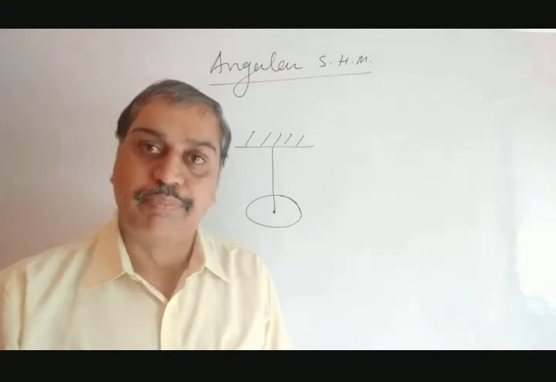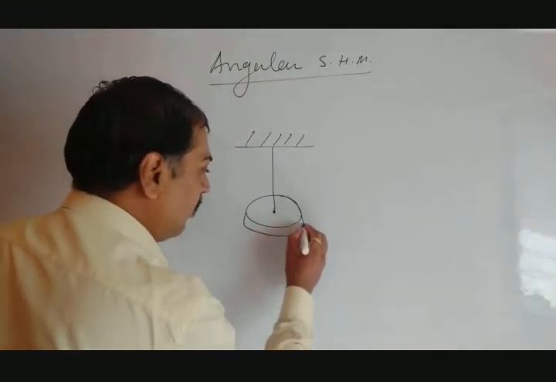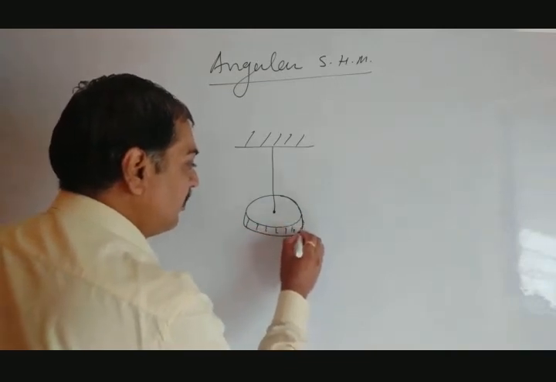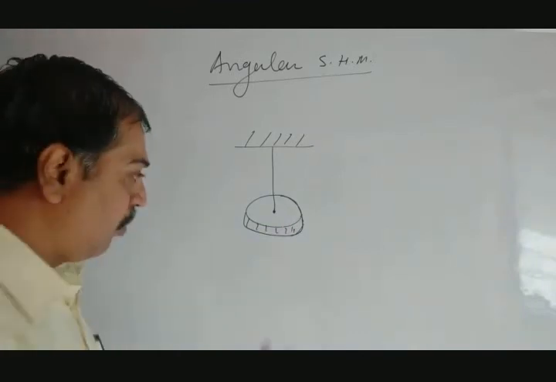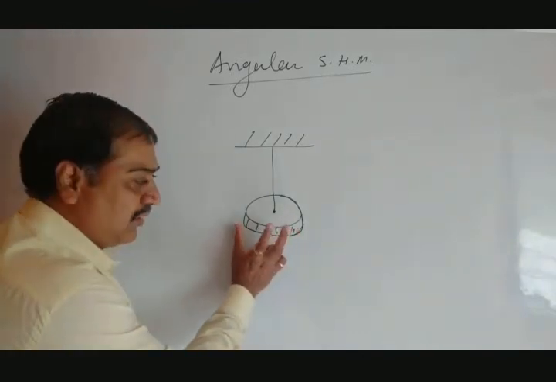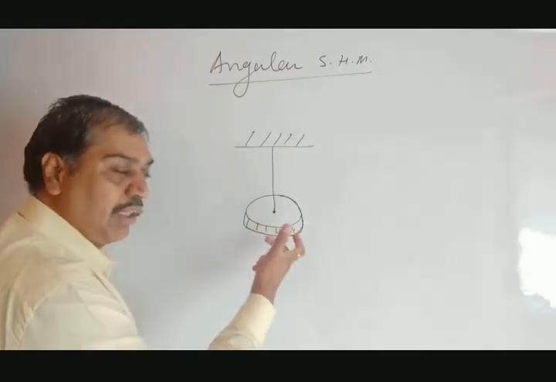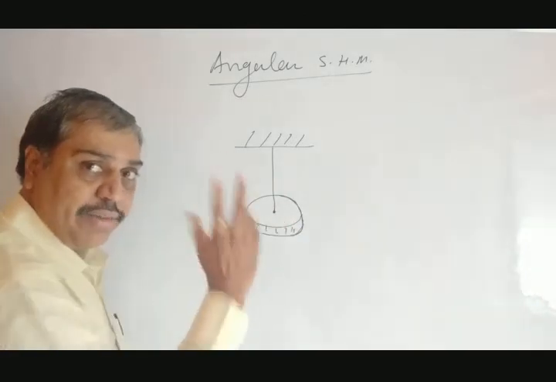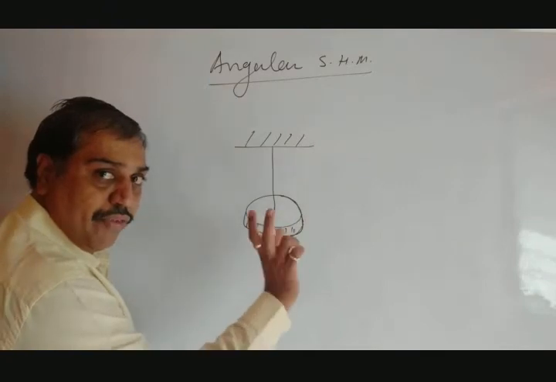Suppose this is the circular disc, and the string is attached to it. We hold it like this, and rotate our hand like this. Hold it, just twist the string or rotate the disc, and leave it. When you do this, it will start performing to and fro motion.